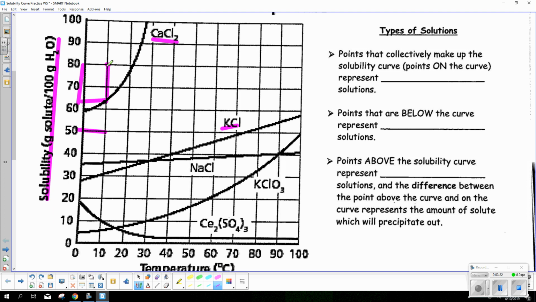You may have had this happen with the Kool-Aid example, where you add too much Kool-Aid powder, and no matter how much you stir it, it's not going to dissolve. It just settles down at the bottom. You could have supersaturation, but again, that's a very unusual phenomenon.